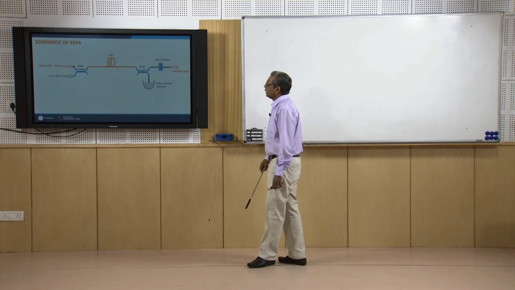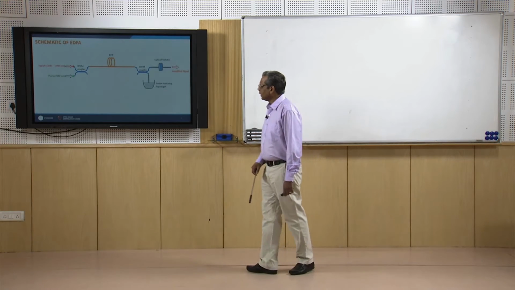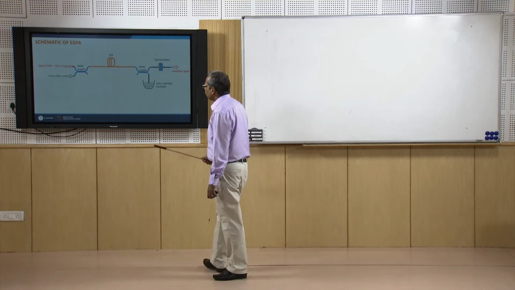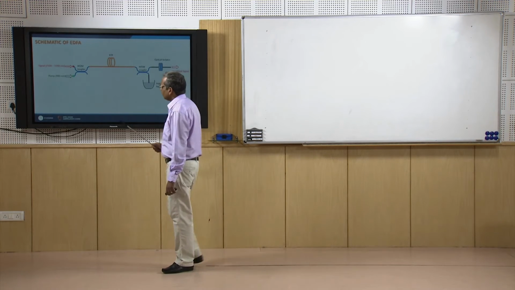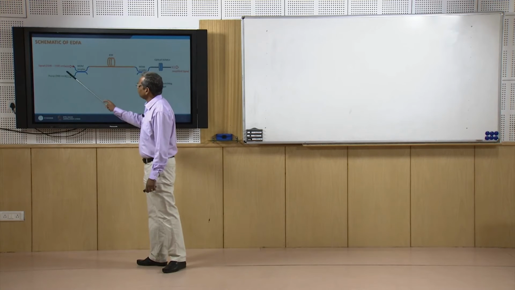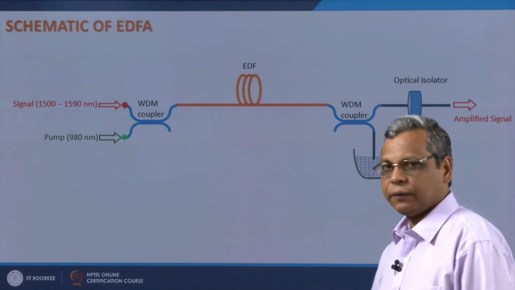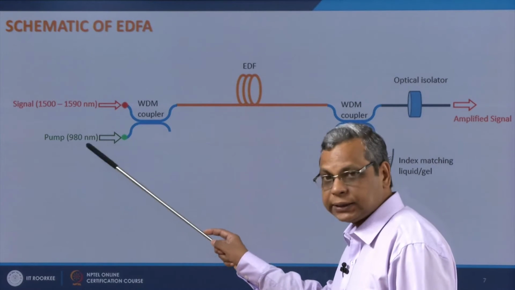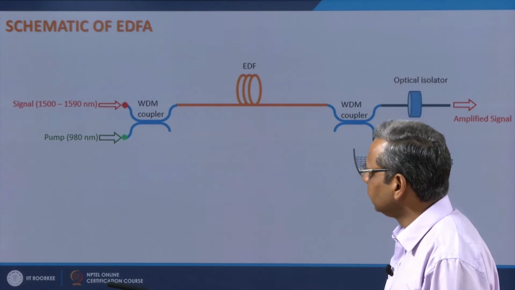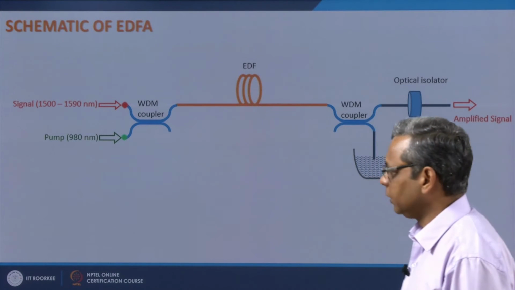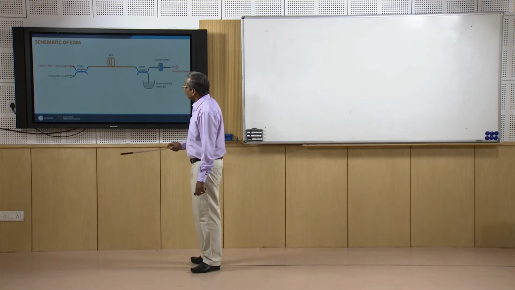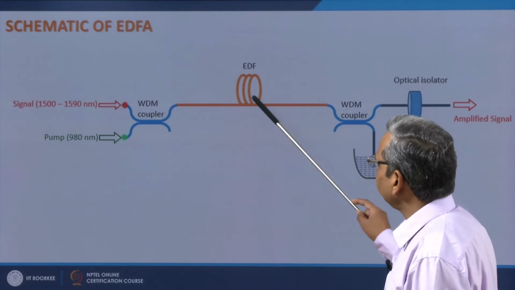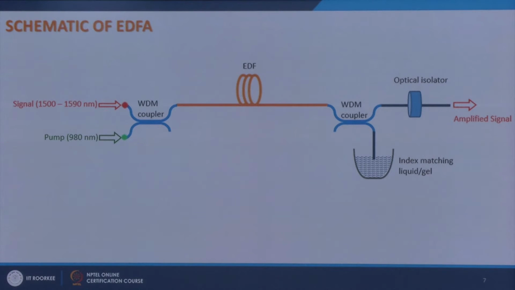This is a schematic of an EDFA. You want to amplify a signal which lies in this wavelength range with the aid of the pump, which provides energy for amplification of the signal, and this pump is at 980 nanometer. Now you need to couple the signal and the pump into the same fiber, the EDF, which is erbium doped fiber, which provides amplification.